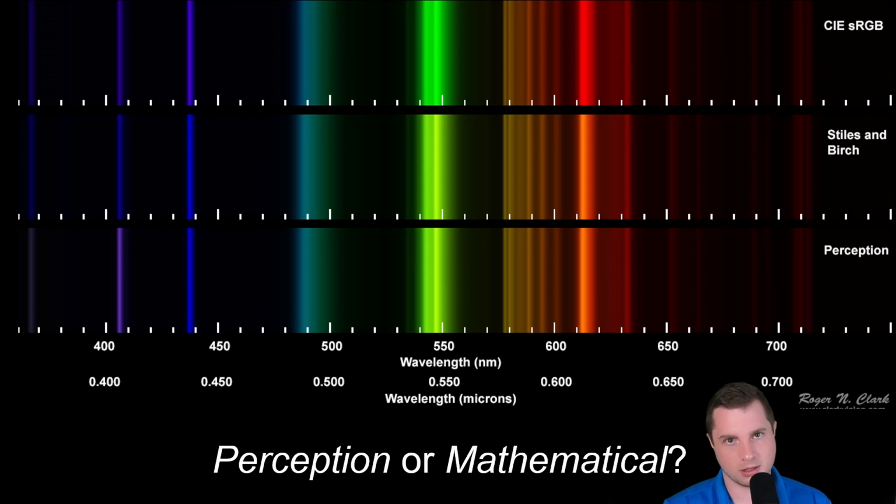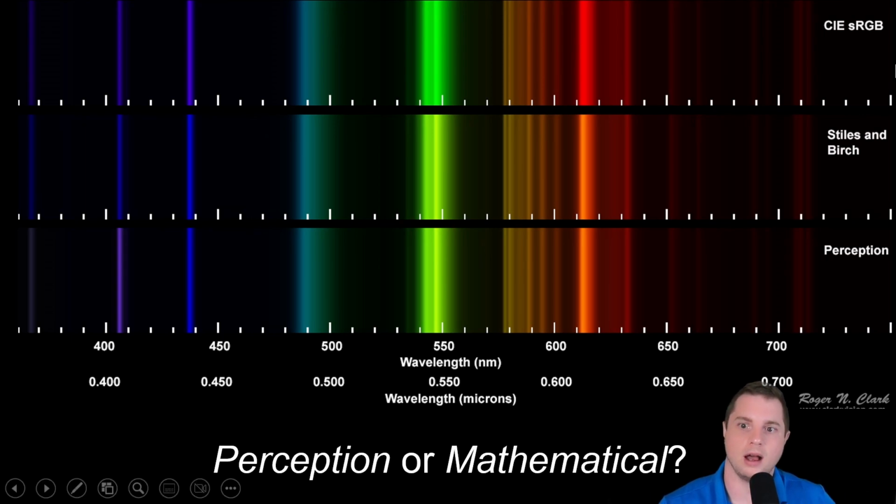Up to this point, we have color spaces, which are mathematically represented. Up here, sRGB. This is what we're used to. This is what sRGB looks like, mathematically represented. I want to bring your attention down here to perception and highlight some pretty big differences.